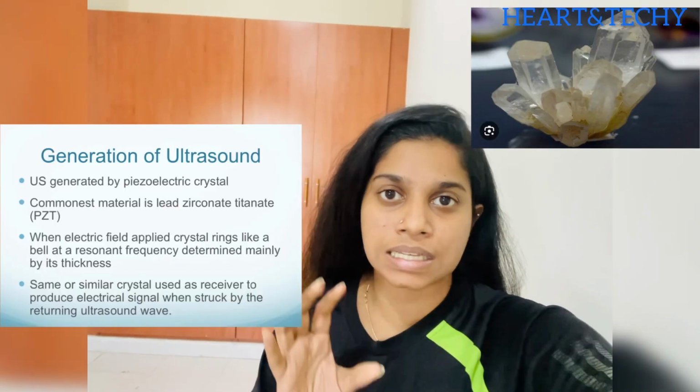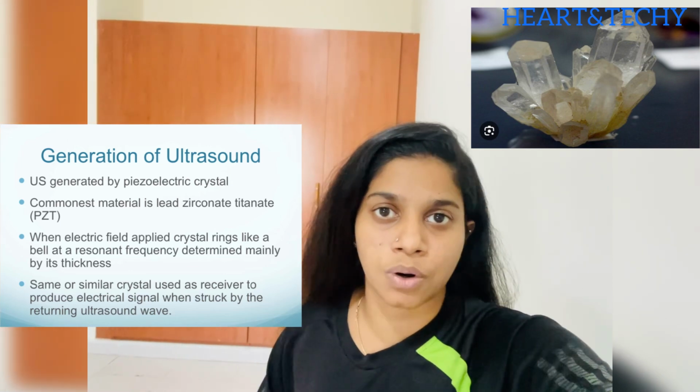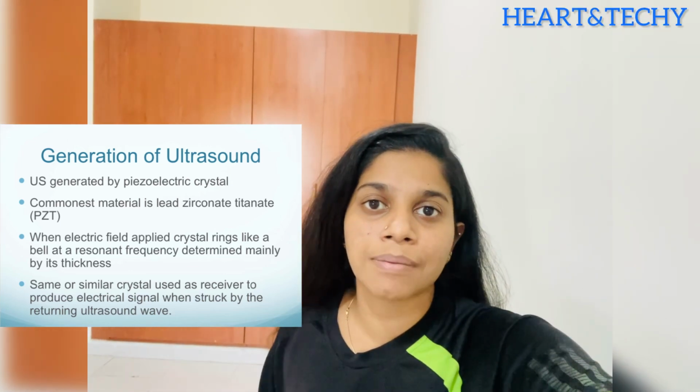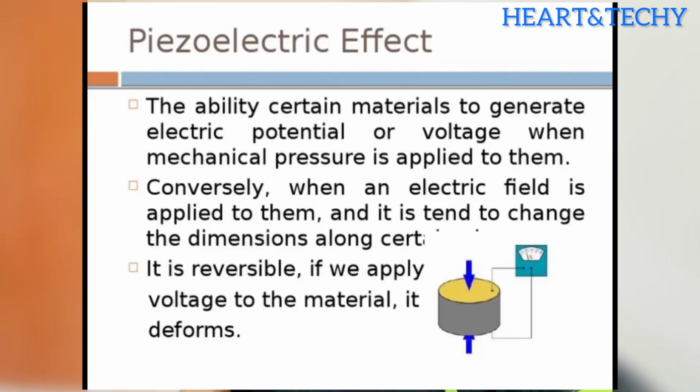We have crystals known as piezoelectric crystals inside this probe, mostly made up of lead zirconate titanate or some other materials. When we apply electrical signals to these crystals, they oscillate and change shape, and this produces the ultrasound. This is the basic thing which is happening.